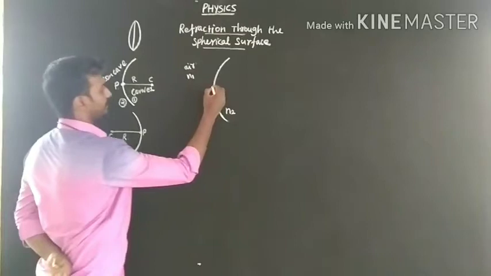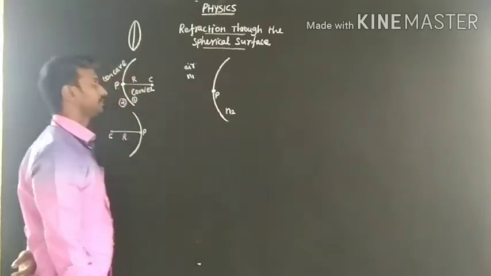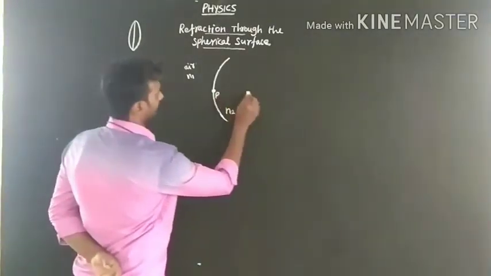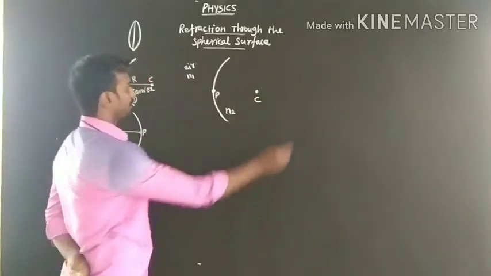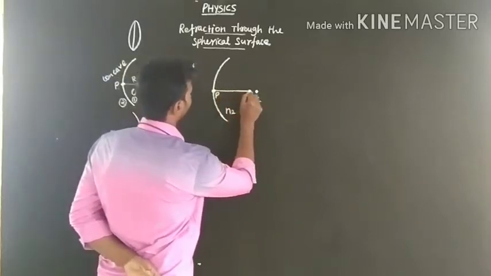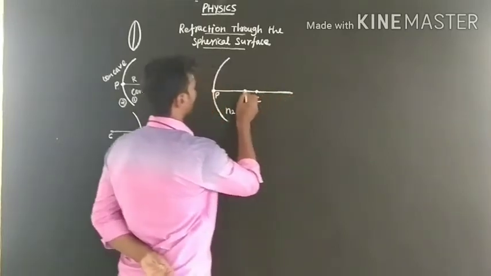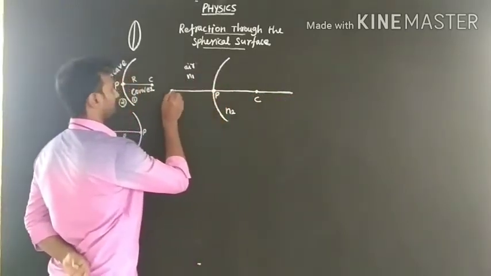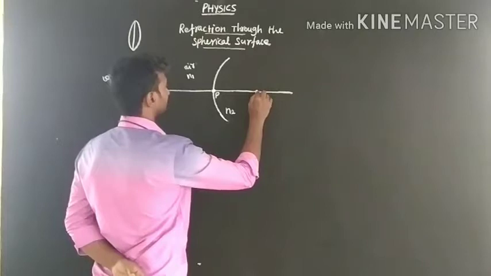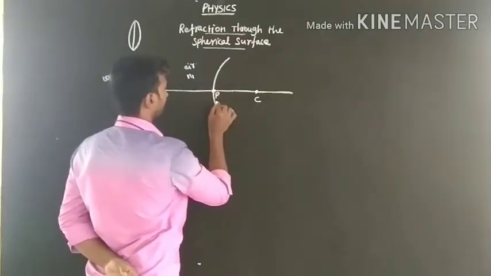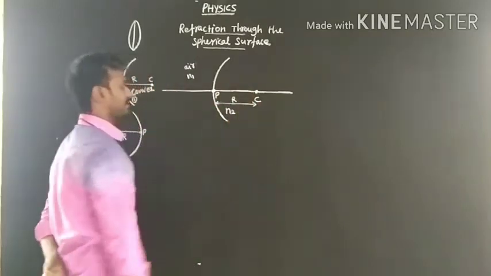You know very well, the center point of this spherical surface is known as the pole of the spherical surface, and the center of curvature is denoted by C. The line passing through the center of curvature to the pole of the mirror is known as the principal axis, and the distance between the center of curvature and the pole of the mirror is known as the radius of curvature.